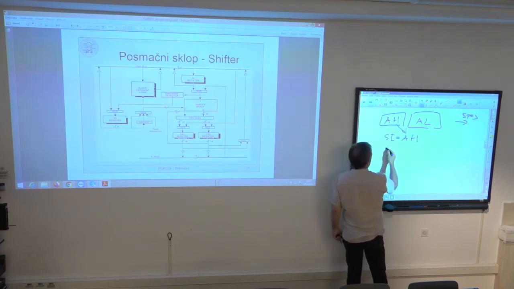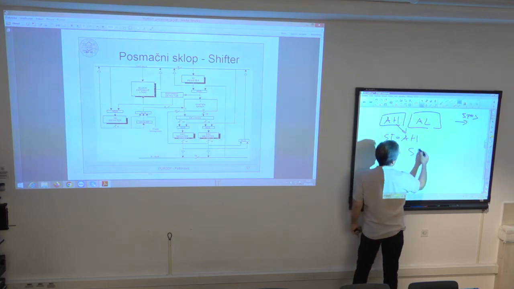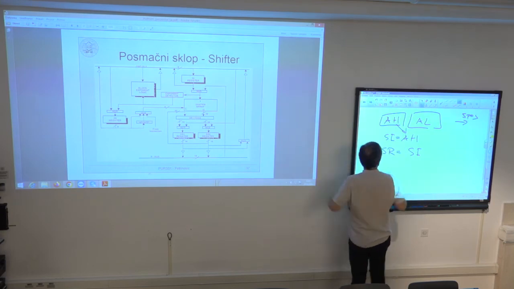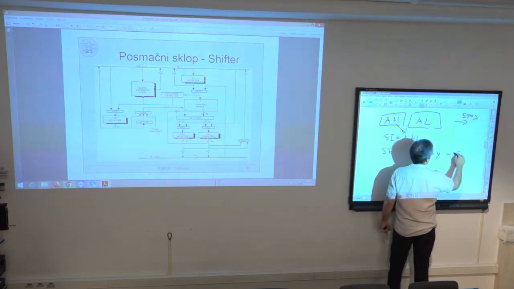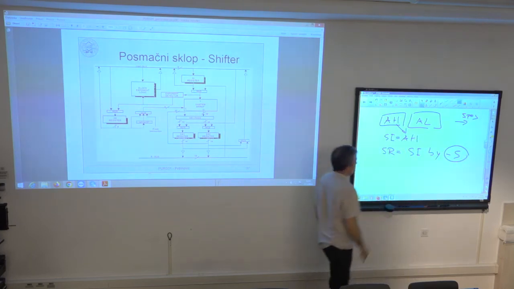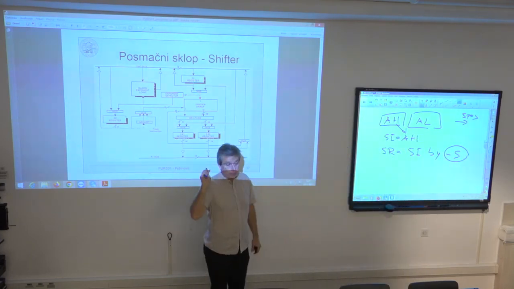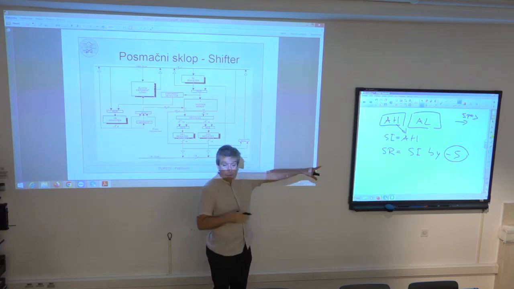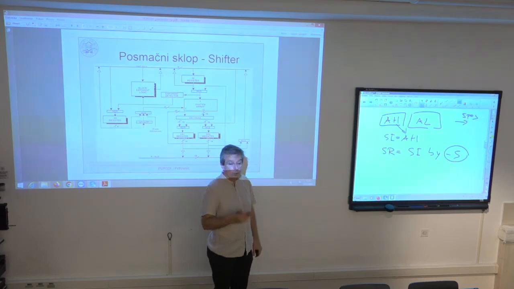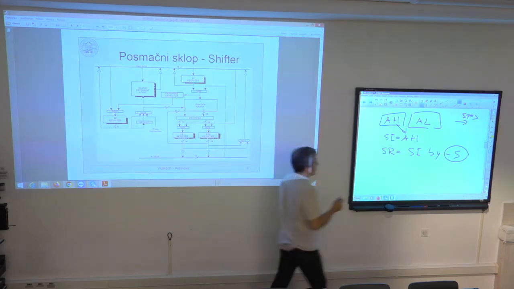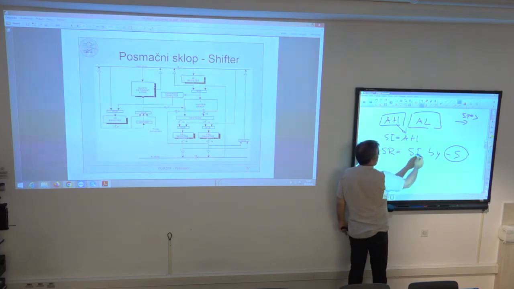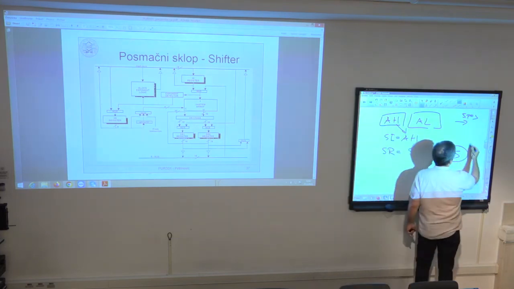And then I would say, okay, S result is shifter input by -5, but actually this value comes from either a register, how many positions to the left or to the right, or as an immediate value encoded in the instruction code. This by -5 would be an example of an immediate value defined in the instruction code. So shifter result is shifter input by -5, but I say reference high.